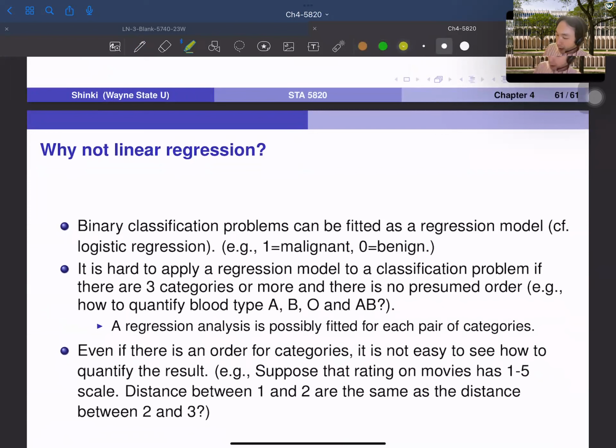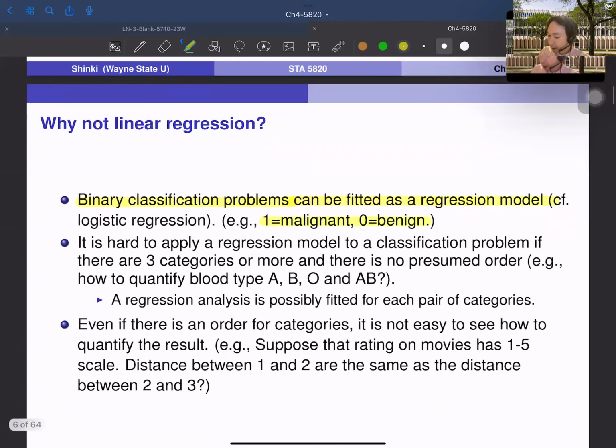I would say that binary classification problems are different from continuous response models, but they can be fitted as a regression model, because if we only have two categories, we can always order them. It is hard to apply a regression model to a classification problem if there are three or more categories and there is no presumed order.